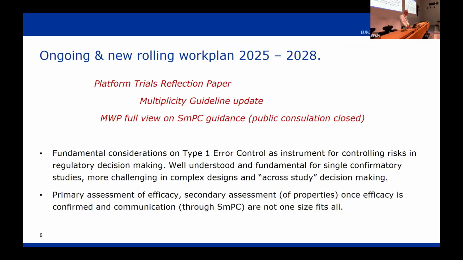So the discussion on type 1 error control, which I have not included, is an instrument for controlling risk in regulatory decision-making. I think we understand that very well, and it's also needed at the individual trial level. For me, it's always a design element, but that's not necessarily shared with everybody.